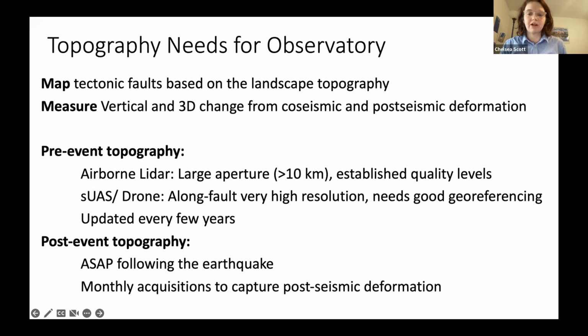These offer very high resolution, but one challenge is that they do require very good georeferencing, and this is often challenging to get correct. And for post-event topography, it's important to collect that first data set as soon as possible following the earthquake, and then to have ideally monthly acquisitions or so to capture the post-seismic deformation.